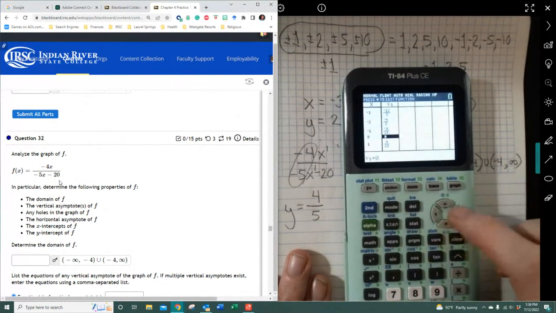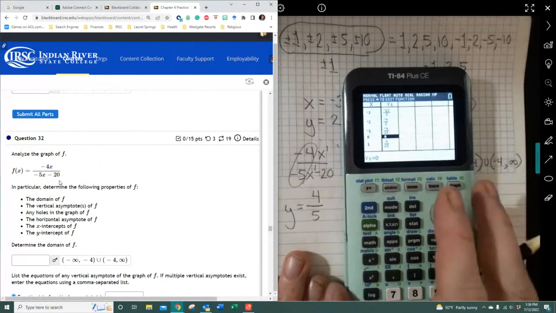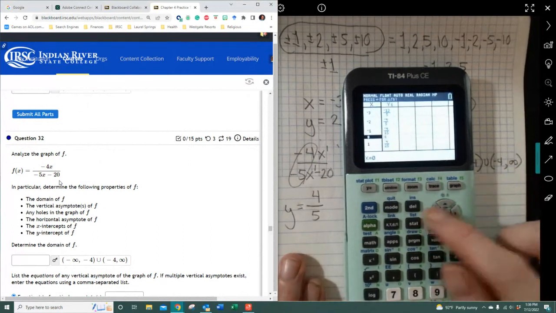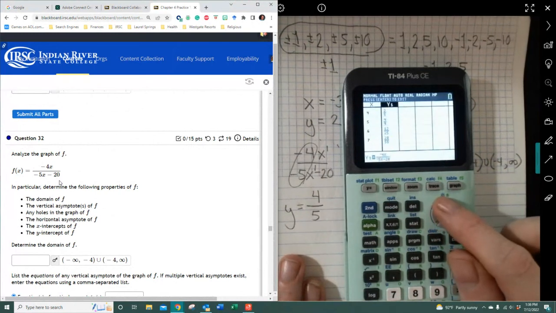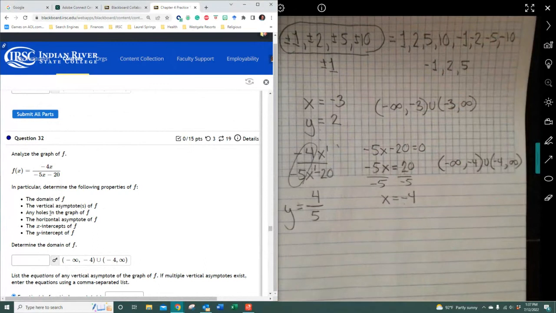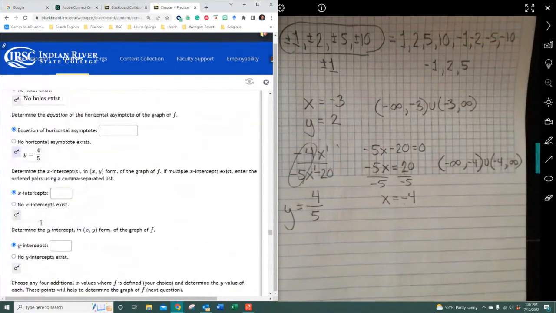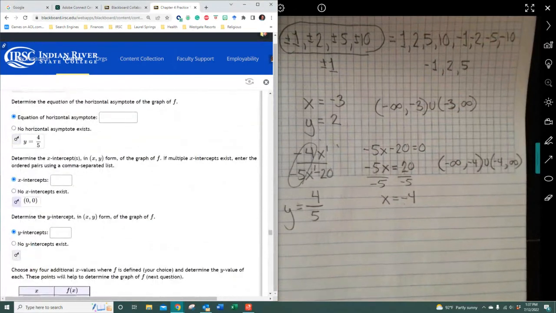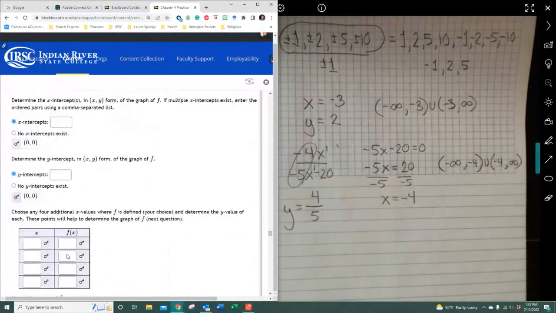I'm looking for where there's a 0, and it's at 0, 0. There's no other value that does that. We're looking for where y is equal to 0. So it's going to be 0, 0. That's the x-intercept. And then, of course, determine the y-intercept. It's going to be at the same location, 0, 0.